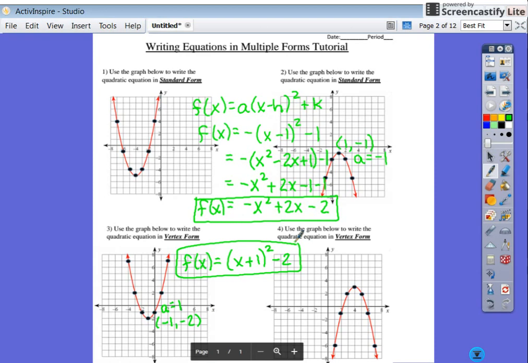All right, and then the last one here, again, we're just converting the graph, writing it in vertex form. So my vertex is at 4, 3. And then from the vertex to the next point, I go right and down 1. And so A is going to be -1. So then my equation, let me erase this one so I have some room.